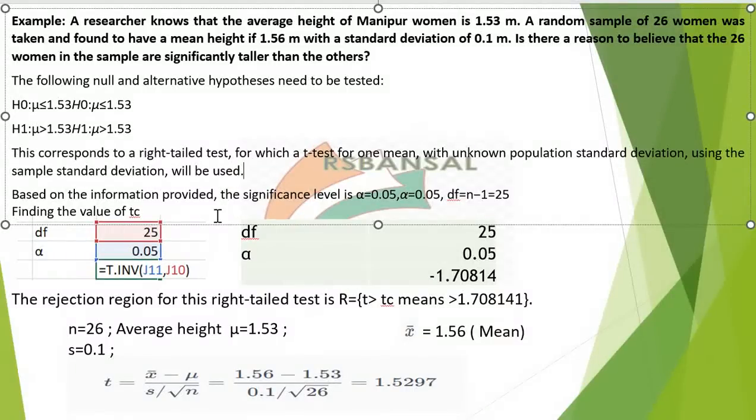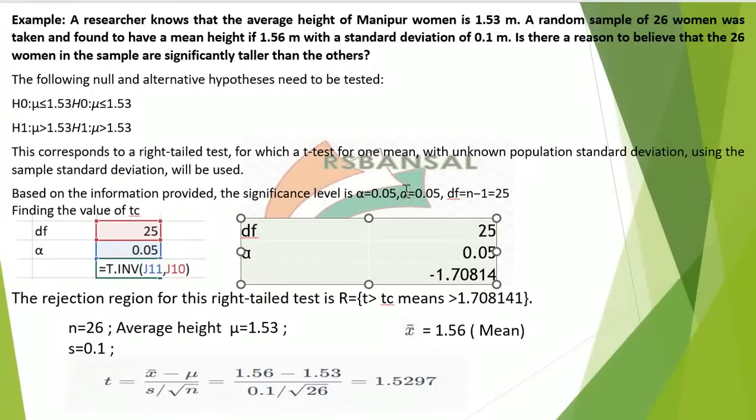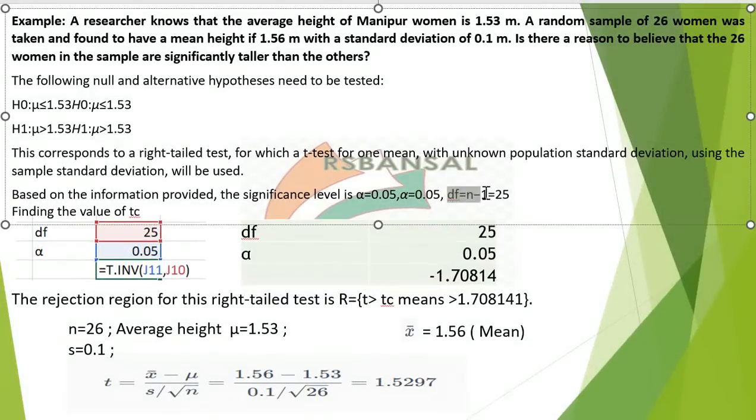So the data given to us is that alpha is 0.05, and df you have to find, which equals n minus 1. N is the number of persons in the sample, 26, minus 1 is 25. Then you will find the critical value TC. For TC, df is 25 and alpha is 0.05.